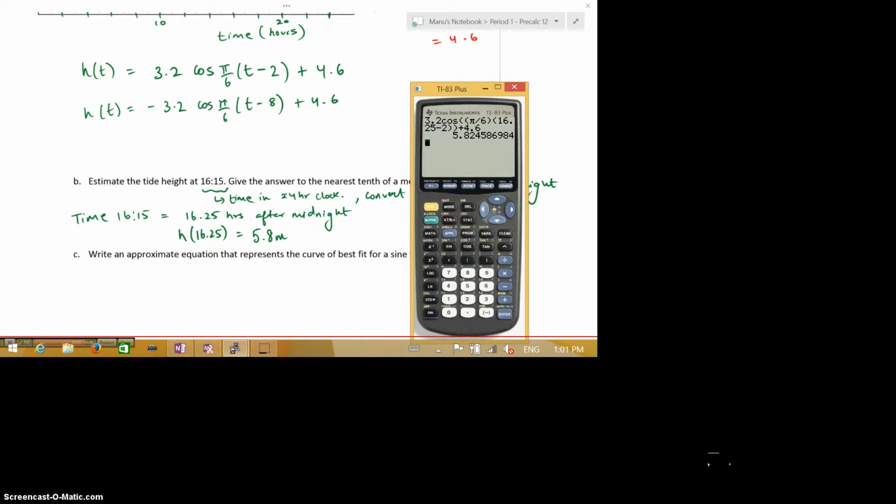Are we okay with coming up with that answer, plugging into the calculator? Yes? No? If you're struggling with that idea, come and see me after the notes. I'll show you how to use your calculator then.